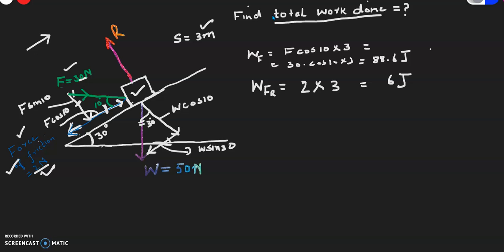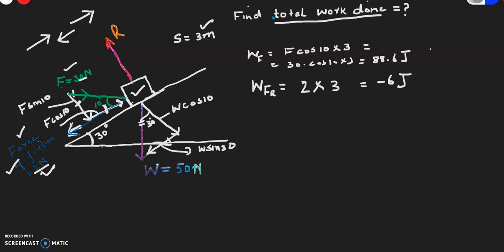Now, since the displacement is along this direction and the force of friction is acting along the opposite direction, we need to put a minus sign. The work done will be negative.